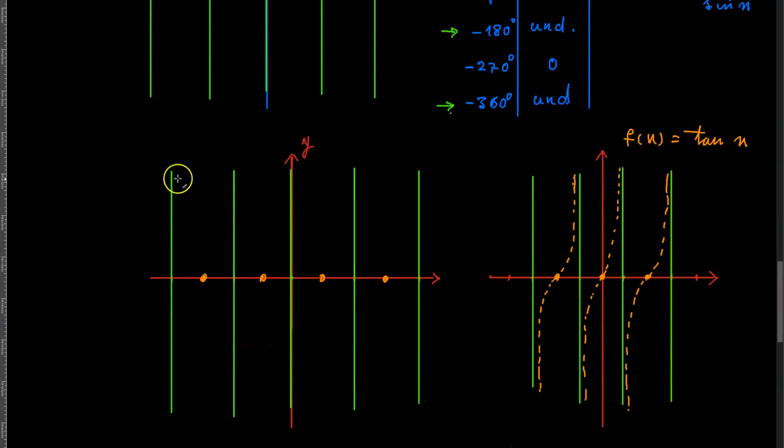Now what happens is that you see that the tan function is basically going, meaning that each of these is basically one complete period of the function, right?